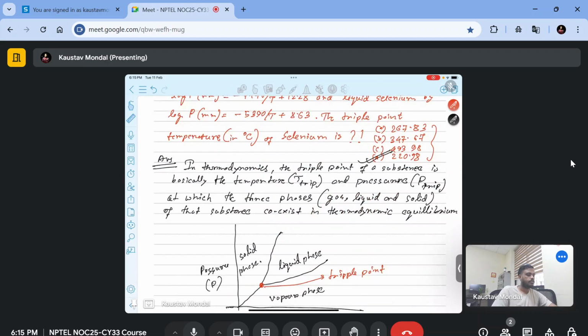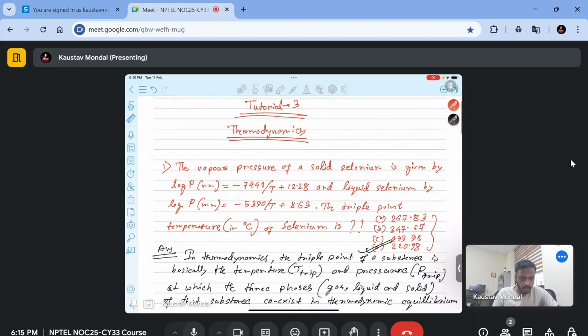Let me go through the whole process once again. This is the question: the vapor pressure of solid selenium is given by this, and for selenium in liquid phase the pressure is given by this.